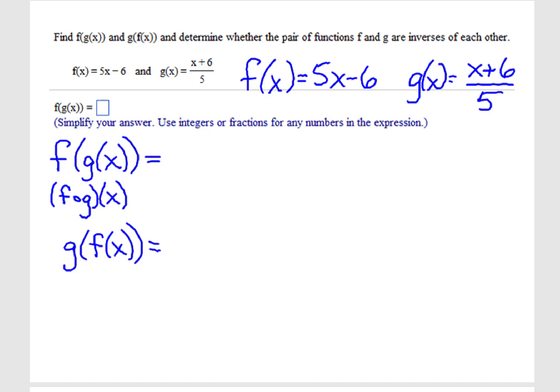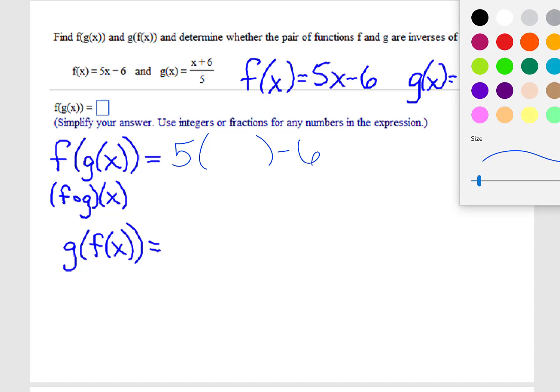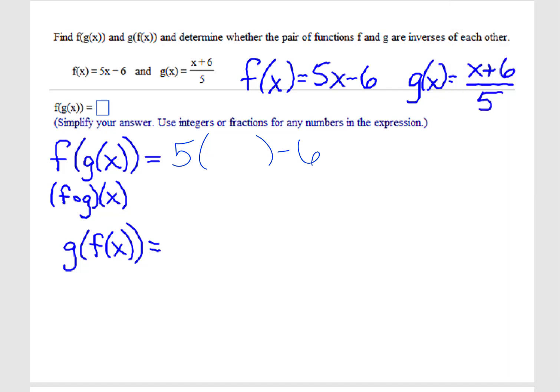So plugging g of x into f of x, I get 5 times something minus 6. Notice that I left x blank, and this is what I'm plugging into there, because they told me to plug g of x into f.